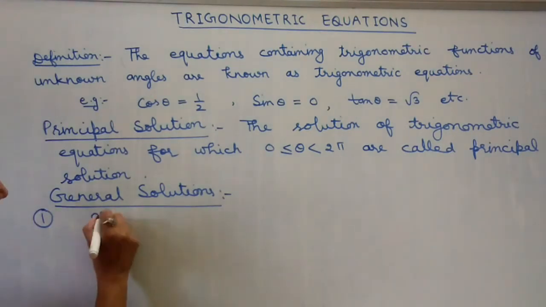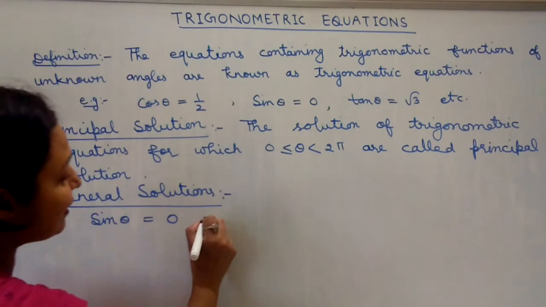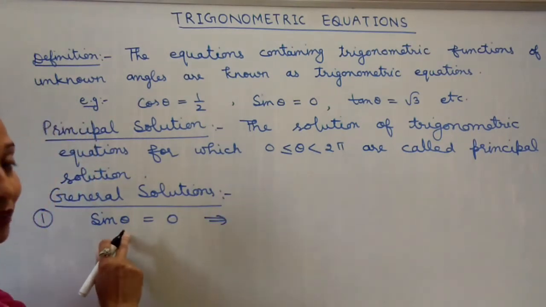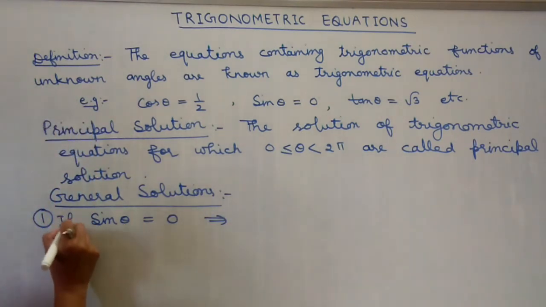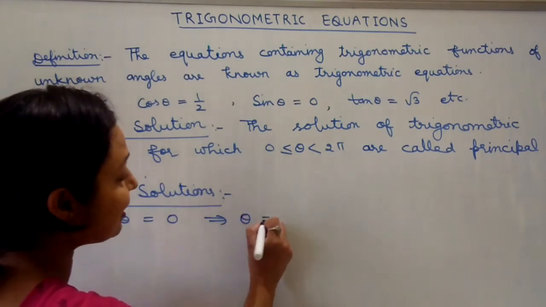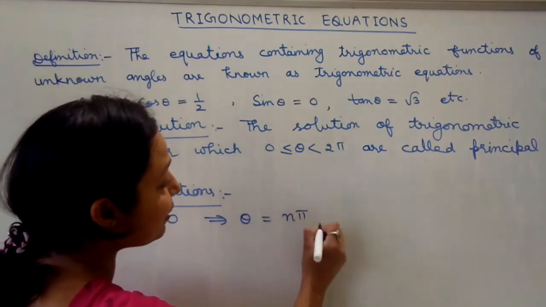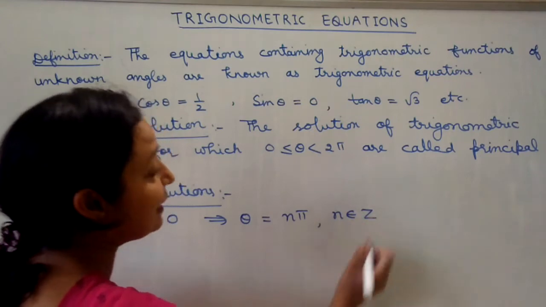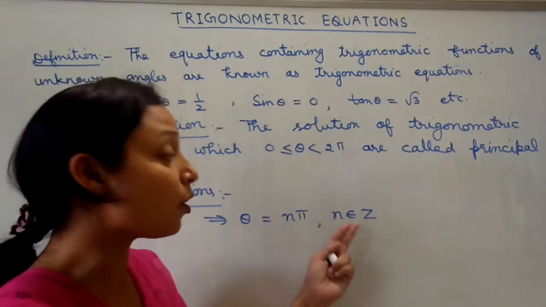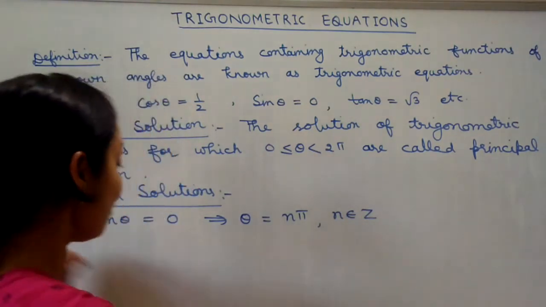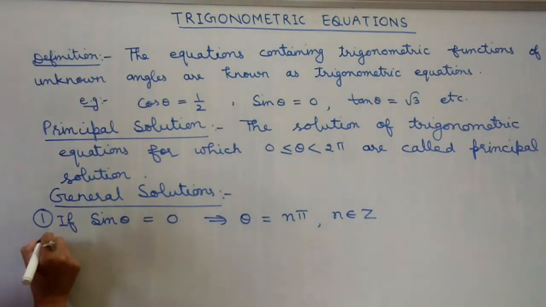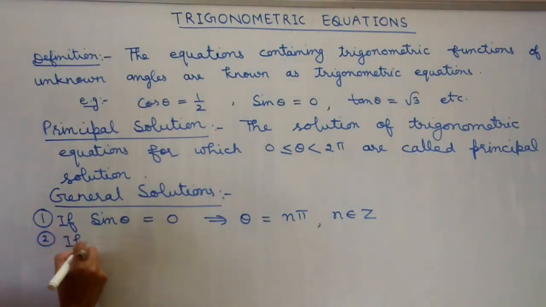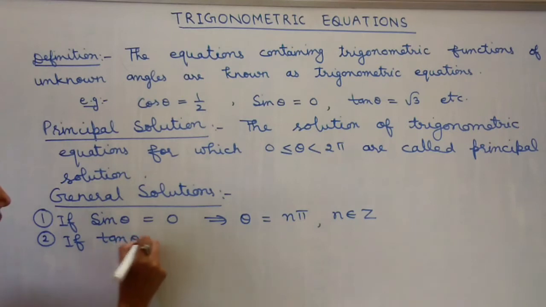When sin theta equals 0, what is the value of theta? If sin theta equals 0, then theta equals n pi. We can write n belongs to the integers. Okay, n always belongs to the integers. The second formula is if tan theta equals 0.